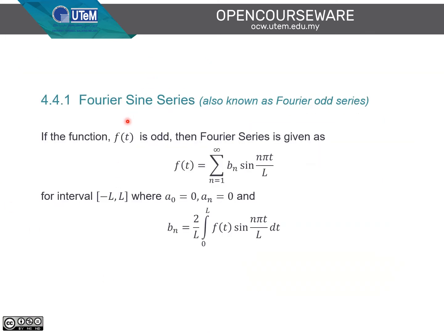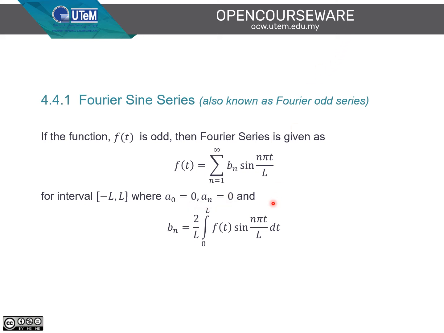The slide shows the formula for Fourier sine series, also known as Fourier odd series. If the function is an odd function, the Fourier series is given as f(t) equal to the summation of bn sine n pi t over L, where n is from 1 to infinity, for the interval from negative L to L, where the Fourier coefficients a0 and an equal 0.